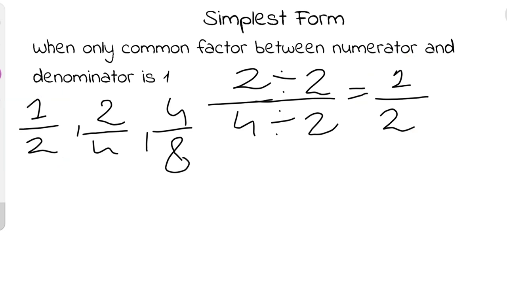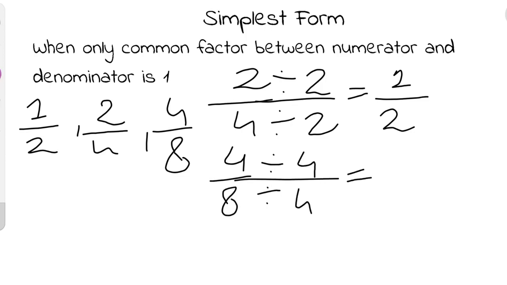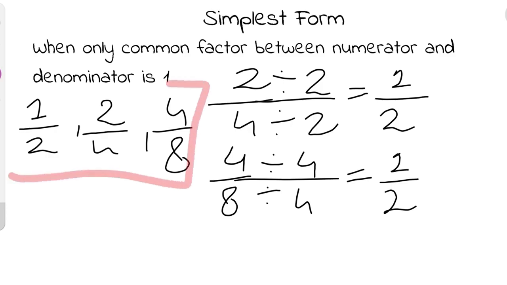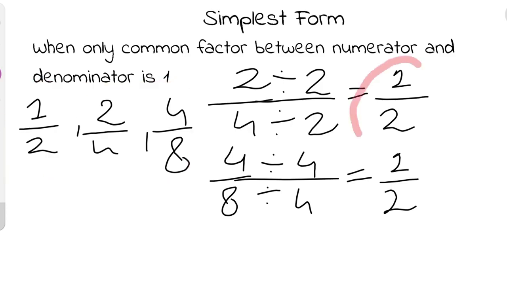Similarly, if you bring 4 by 8 to its simplest form, you will see that the answer is again 1 by 2 only. That means equivalent fractions have equal value when they are brought to their simplest form. I repeat, equivalent fractions have the same value when they are brought to their simplest form. Understood?